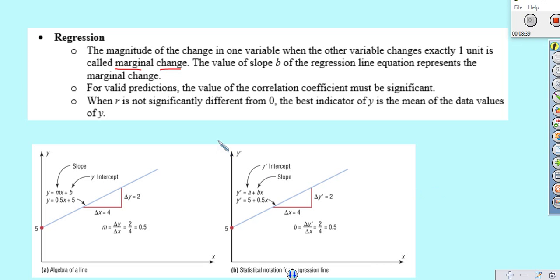And last one is, when r is not significantly different from 0, the best indicator of y is the mean of the data values of y. Okay? Factoid. Don't get caught up in the facts or in the pictures or the concepts. Just go with the fact.